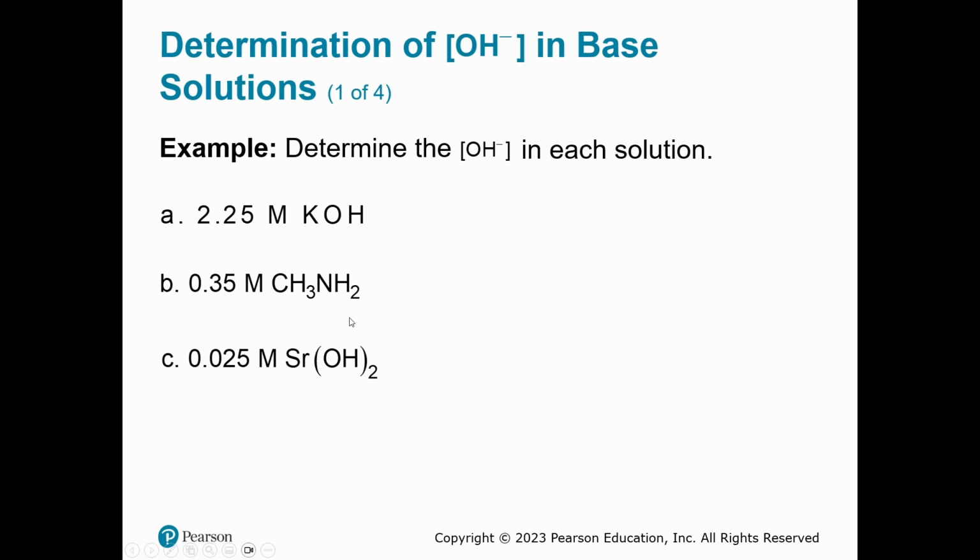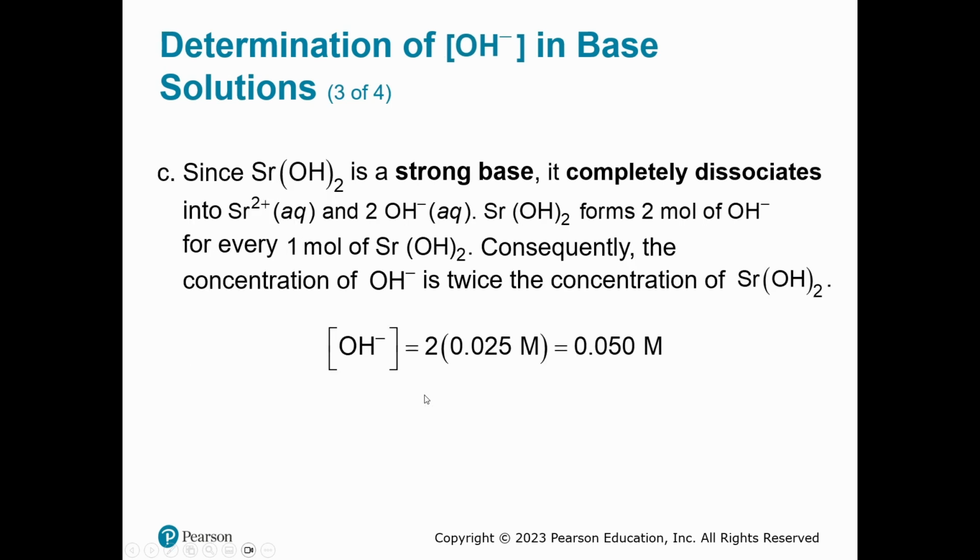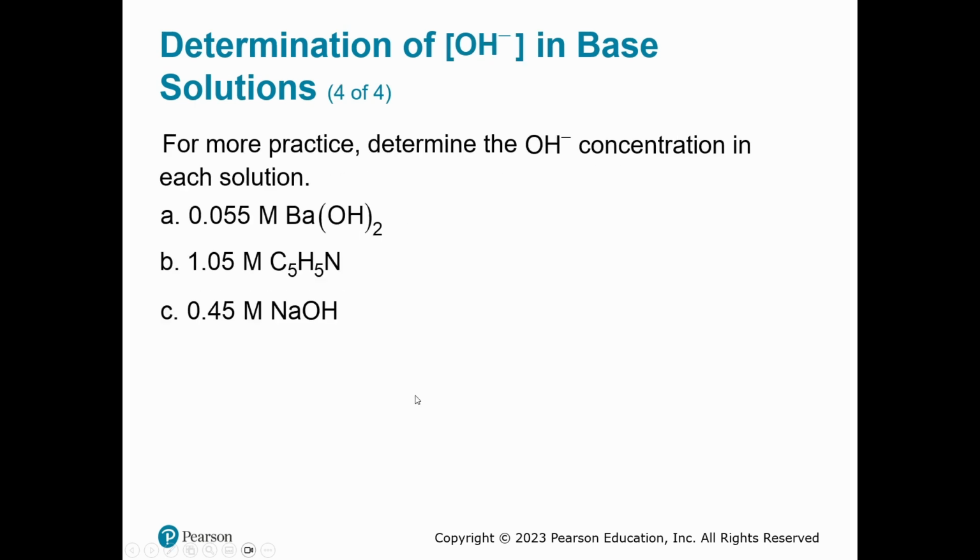This is weak, so it's just going to be some amount less than its molarity. So, just like we said, weak ones we can't calculate because we don't have the Henderson-Hasselbalch or the Arrhenius equations, so we're not going to worry about them. Because strontium hydroxide is a base that can accept 2 protons, we need to double the concentration because of the stoichiometry.